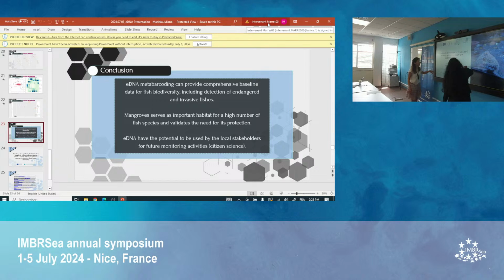Okay, so 1 pair, not a cocktail. Because in eDNA, the assignment to certain species might depend on how well those primers work, and that could make one species amplify better than another. So by applying a cocktail of several pairs of primers, you might compensate for that. That was just methodological, just to be sure.